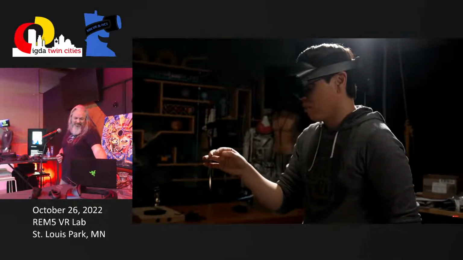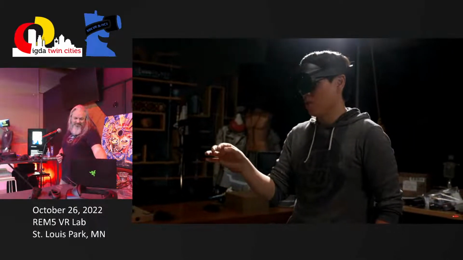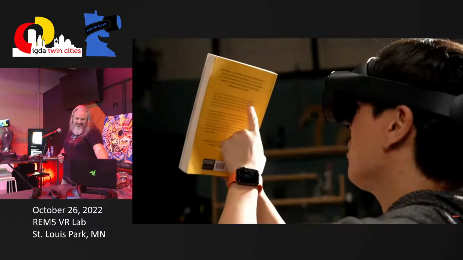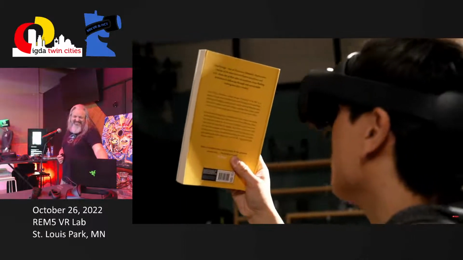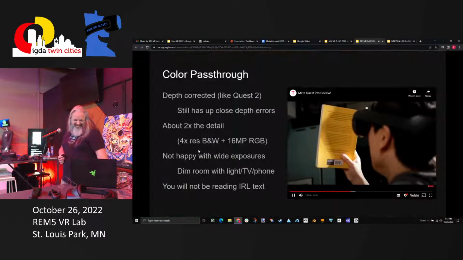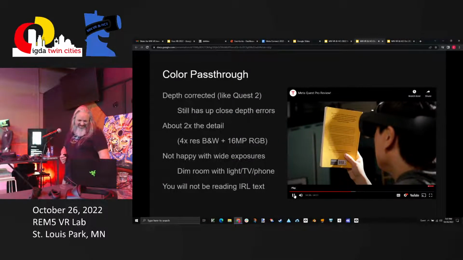And while it is an improvement over the pixelated, kind of fuzzy resolution that you see in the grayscale pass-through of the Quest 2, it's nowhere near high enough that I think I could be comfortable taking a piece of paper and reading comfortably without having it close to my face. I tried reading the back of a book, and I had to really kind of squint and move it around to recognize it. It's readable, yes, comfortable to read, no.